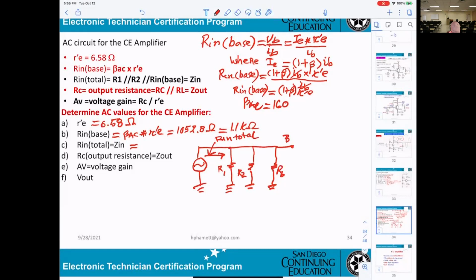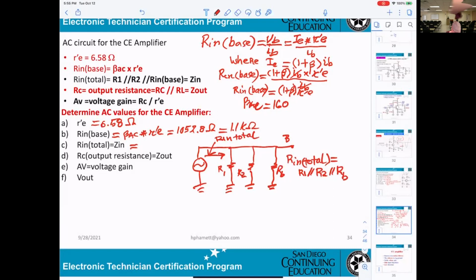Okay, so R in total equals R1 parallel R2 parallel R in base.